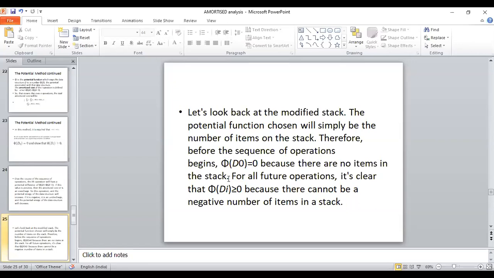We can't perform any operations on an empty stack, so it is equal to 0. For all future operations, it is clear that phi of Di is greater than or equal to 0, because there cannot be a negative number of items in a stack.